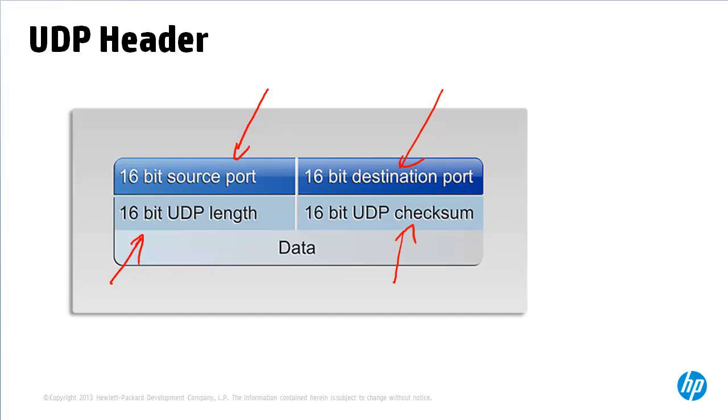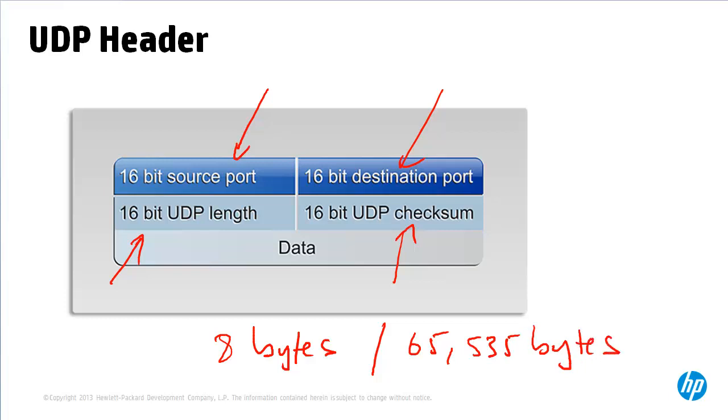The minimum size or length of a UDP datagram is 8 bytes, because that's the length of the header. The maximum size, in theory, is 65,535 bytes. But IP version 4 has imposed a maximum of 65,507 bytes. So the datagram can be very small to very large in size.